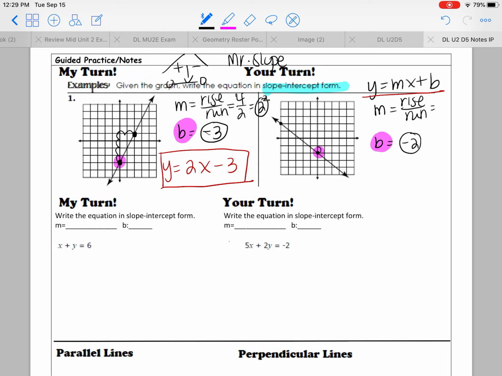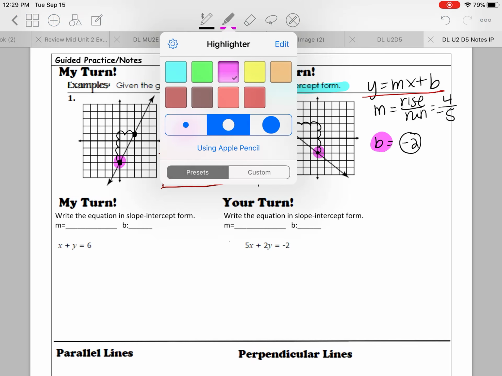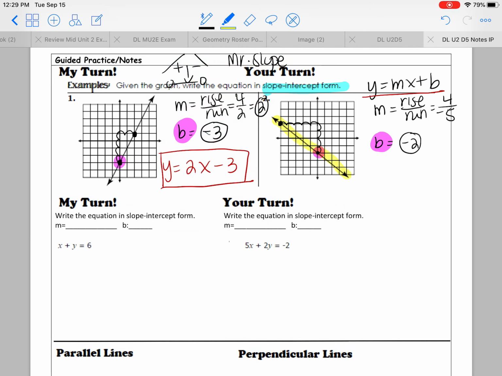I find 2 nice points on the line, so I'm rising 1, 2, 3, 4, and I'm running 1, 2, 3, 4, 5. But since I'm running to the left, it's going to be negative. So rising 4, running negative 5. And remember, Mr. Slope, this is a downhill line, so it's going to be a negative slope. Don't forget that. And all that you do here is write your equation in slope-intercept form. The slope first, negative 4/5 of x minus 2. And that's your answer.